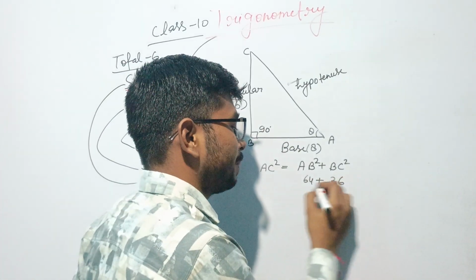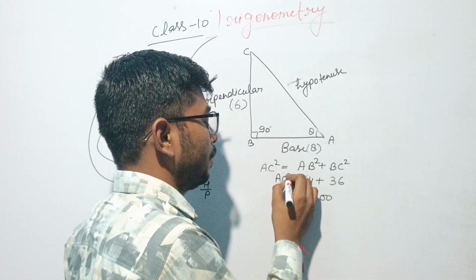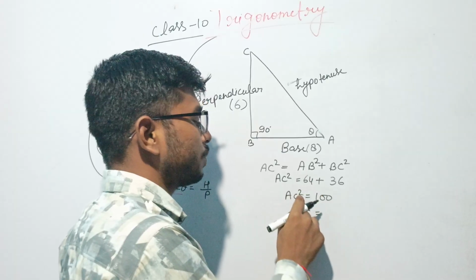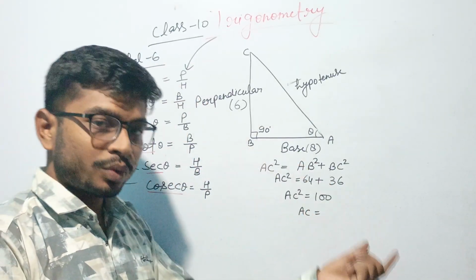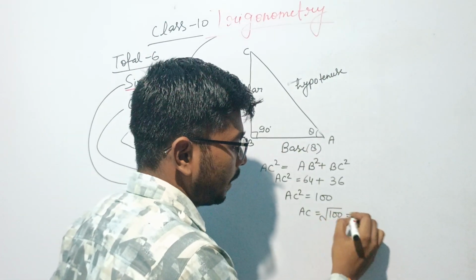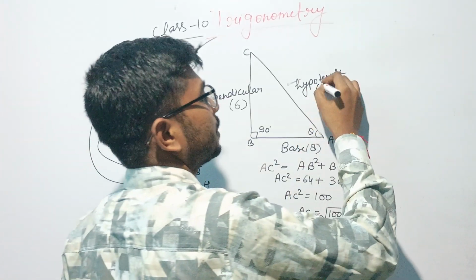So 36 plus 64, we will get 100. AC square is equal to 100. So AC will be, if you remove the square here, you have to put square root in front of the value. So square root of 100 will be 10. So we got hypotenuse 10.